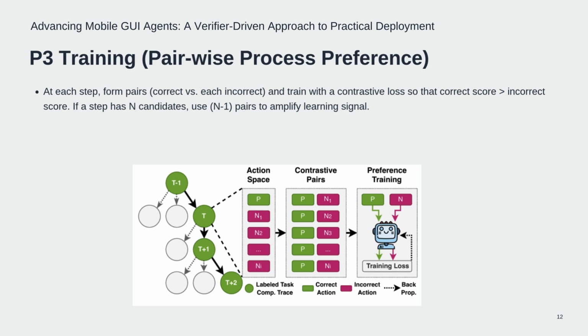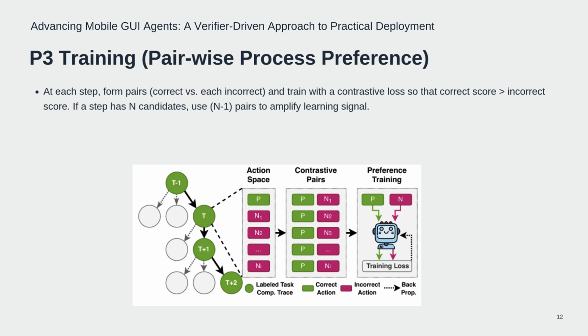We then apply a contrastive loss that encourages the verifier to give a higher yes probability to the correct action than to the incorrect one. Essentially, we want to make the correct score larger than the incorrect score, and we push the model in that direction for every such pair.